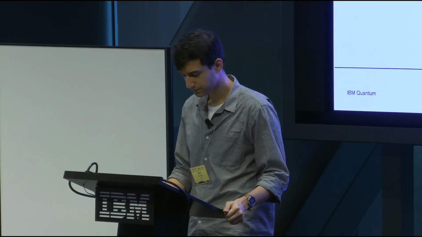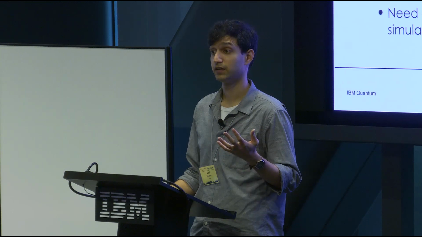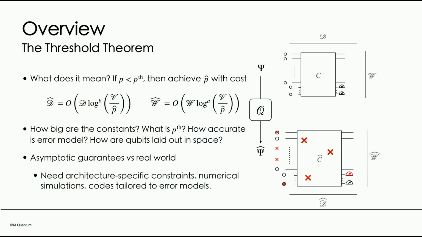But that doesn't make this exercise of studying the threshold theorem and using it going forward entirely useless. When we contrast these asymptotic guarantees, which is what they are, with the real world, what you really need are people to take these guiding principles and understand thoroughly what architecture-specific constraints are, whether some types of errors happen more than others.